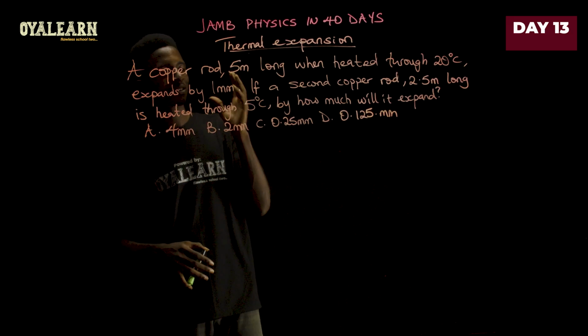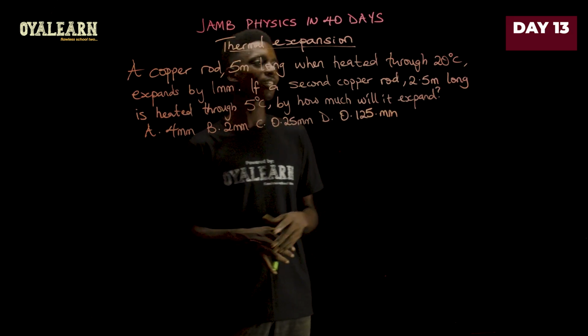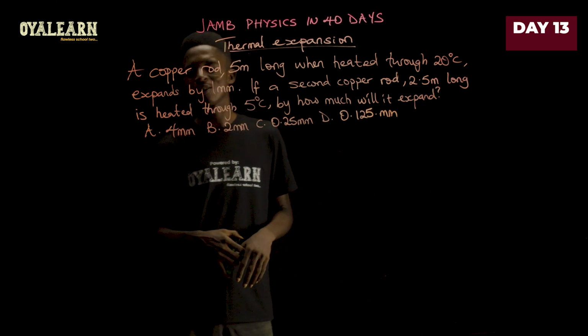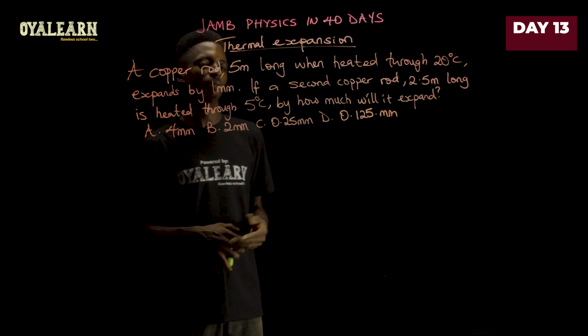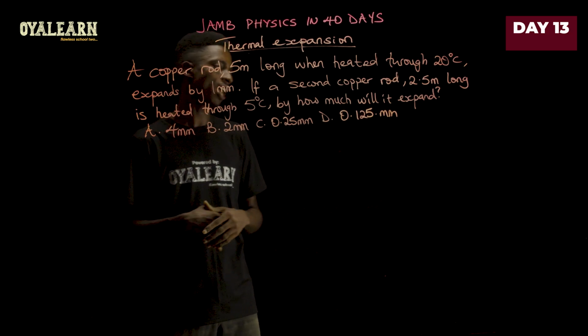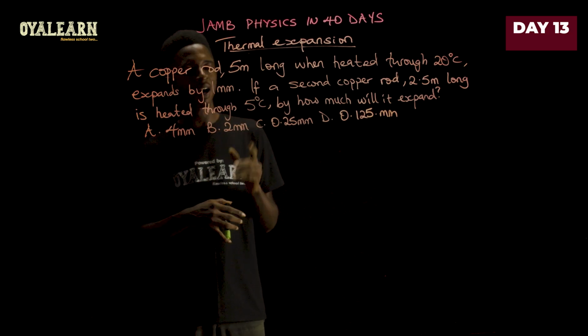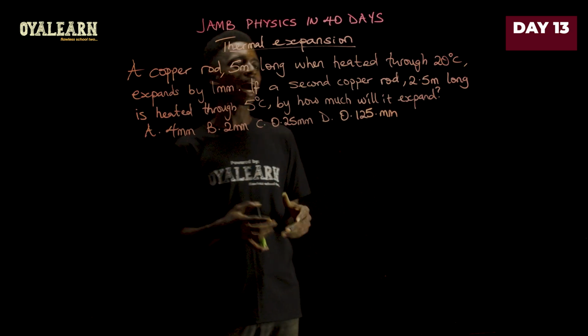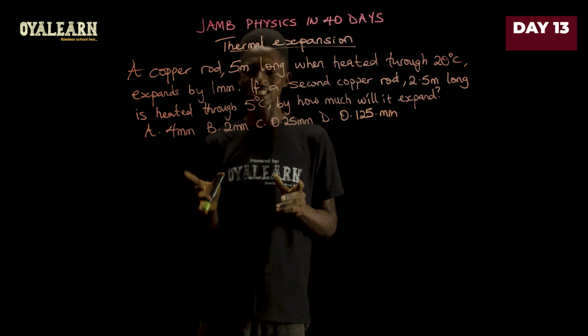A copper rod 5 meters long, when heated through 20 degrees Celsius, expands by 1 millimeter. Now, if a second copper rod 2.5 meter long is heated through 5 degrees Celsius, by how much will it expand?